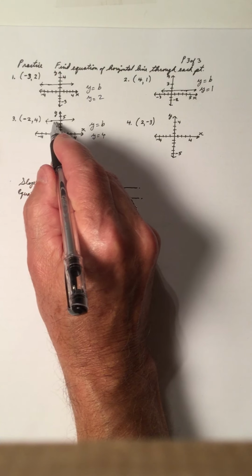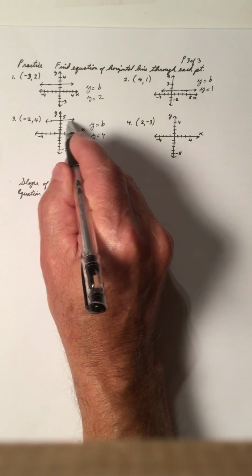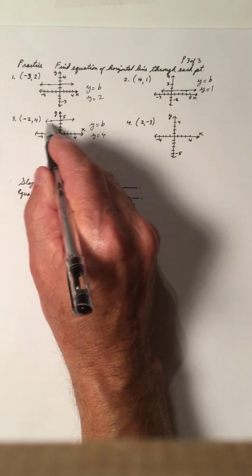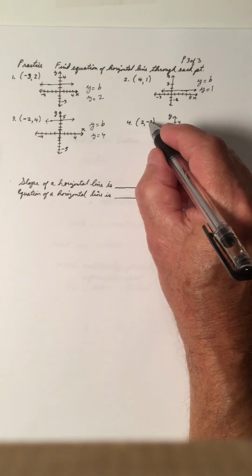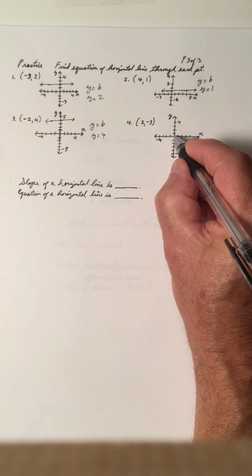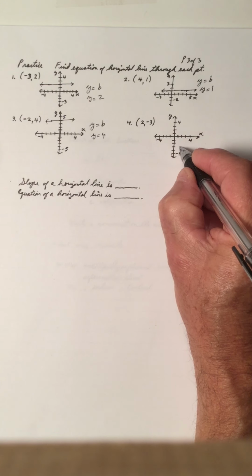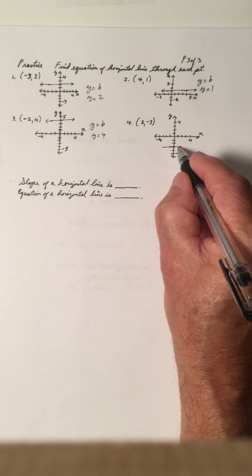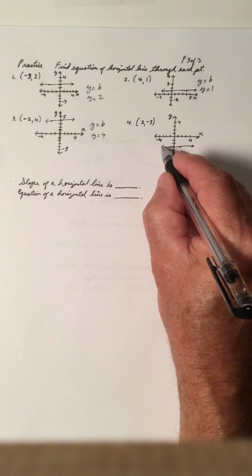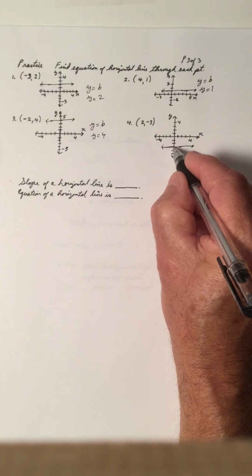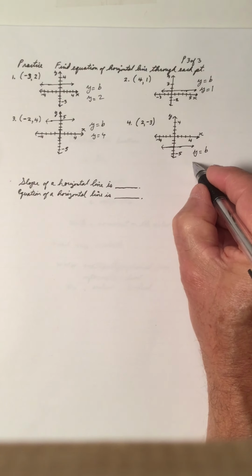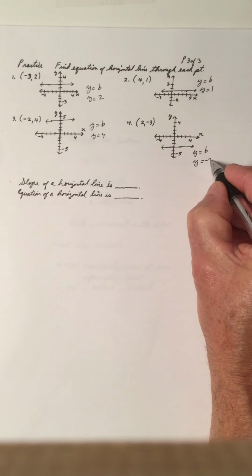Repeat, all points have the same y coordinate, but the x's are changing as you go left to right or right to left. 2, negative 3, x is 2, y is negative 3 right here. The horizontal line is right there. And you notice the y-intercept is negative 3. So the equation is y equals b, or y equals negative 3.